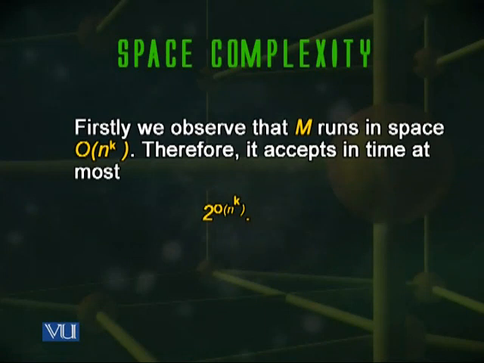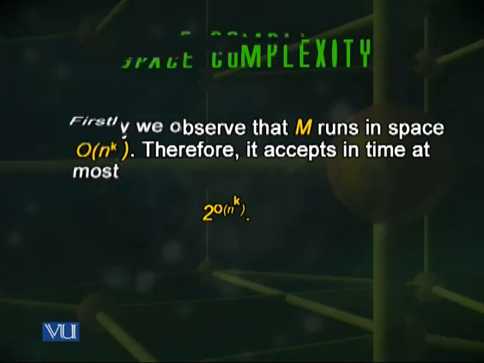Therefore, it accepts in time at most 2^O(n^k). We are given that this Turing machine M runs in polynomial space, but from there we can conclude that it runs in time 2^O(n^k). That was something that we discussed earlier. You can prove this by using counting.